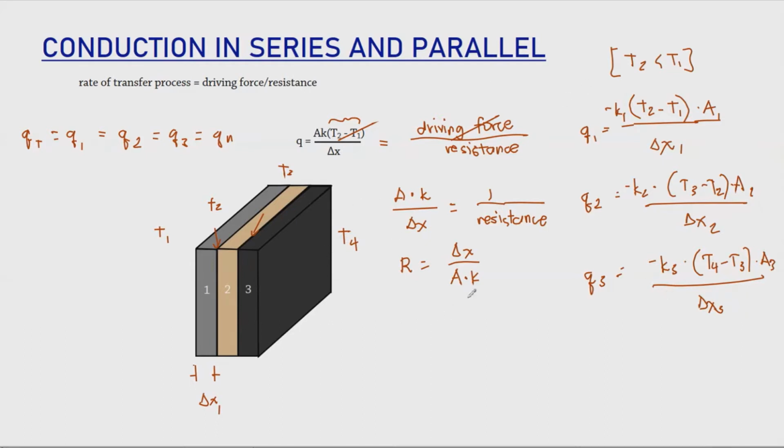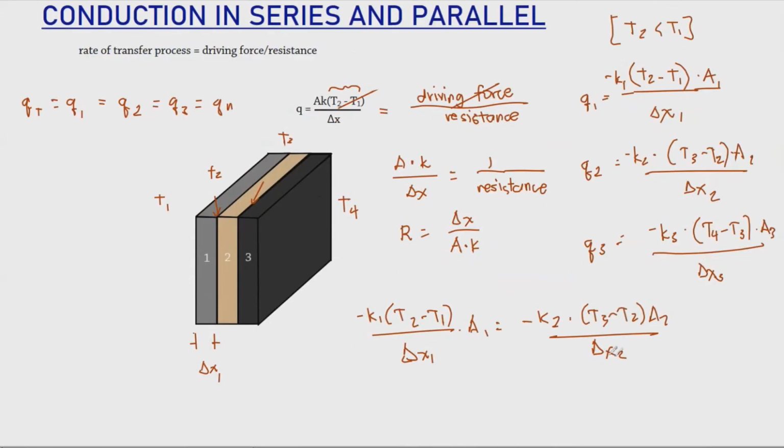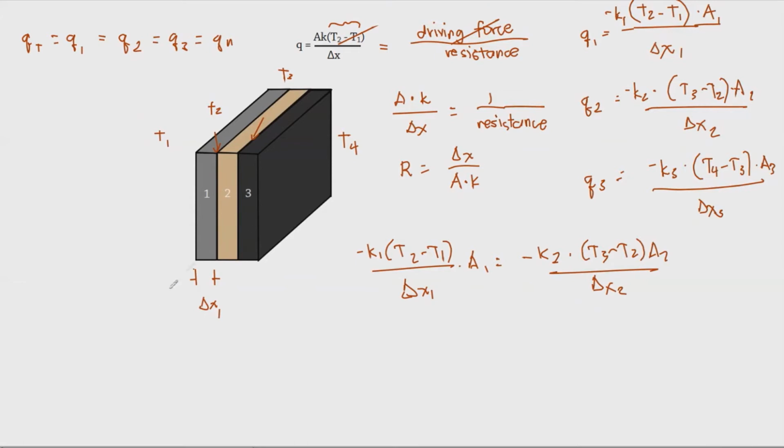If this is true, then we could simply equate all of these equations with each other, and then this one is Q2. So we get here T3 minus T2, area sub 2, delta x.